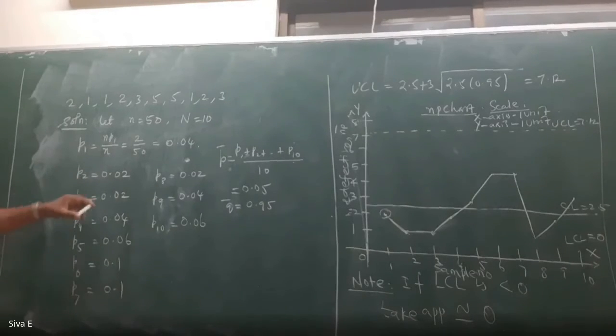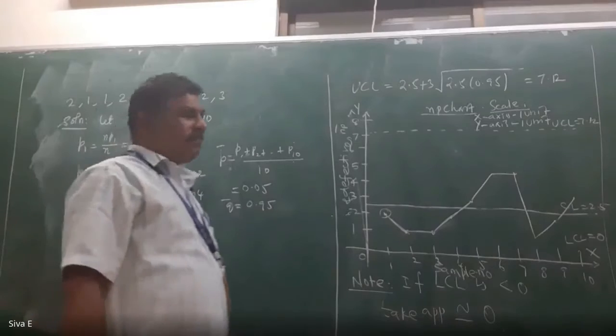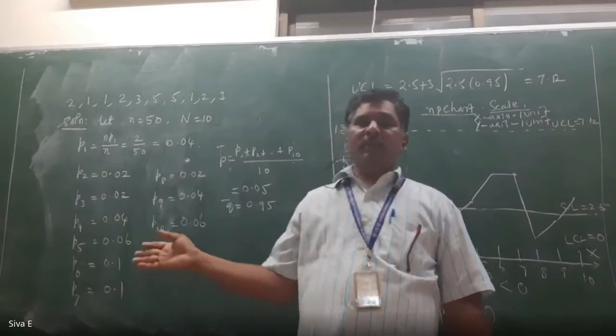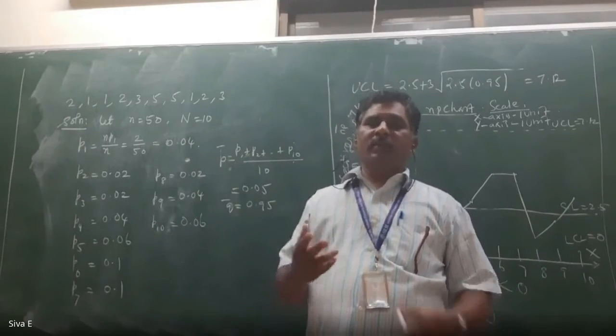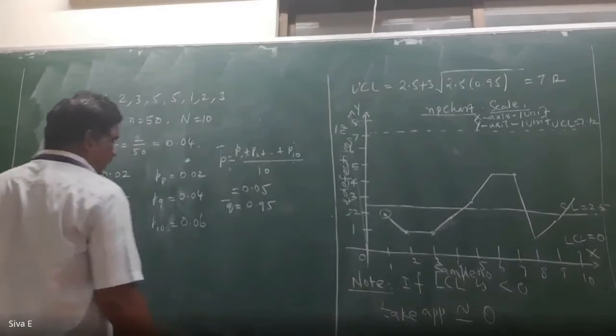Then what about that P3, is it 0.066 or 0.06? 0.06 only, sir. Then already we got that P bar is 0.05. When you are calculating NP bar, what is P bar? For the same problem, how can you get two different values? So 0.05 only, sir. 0.05, and 0.95 is Q bar.